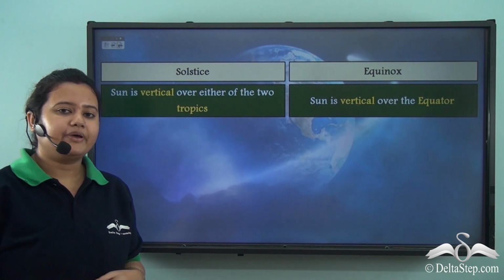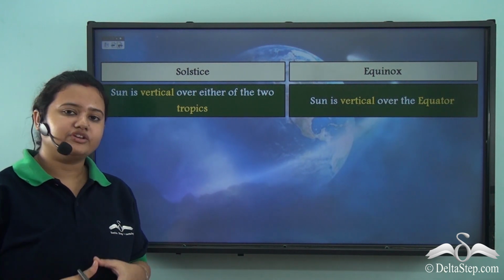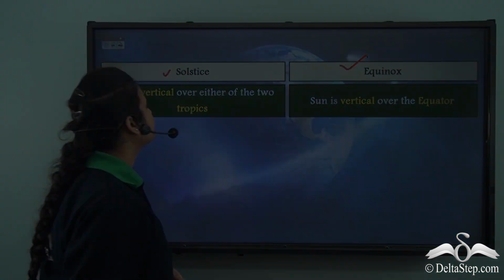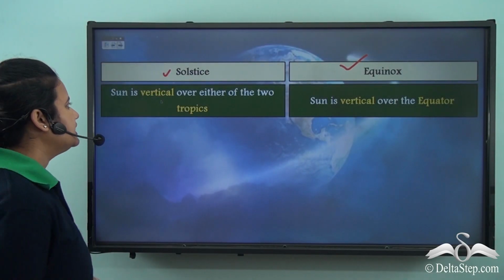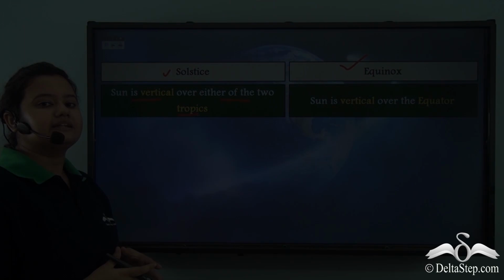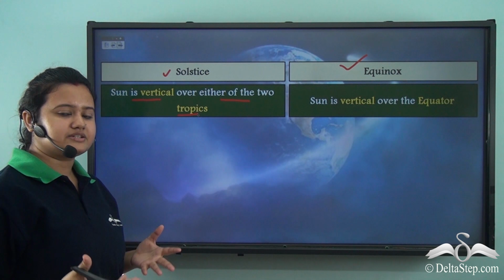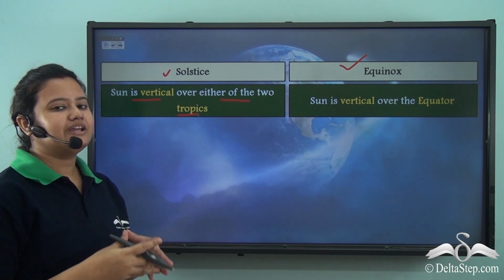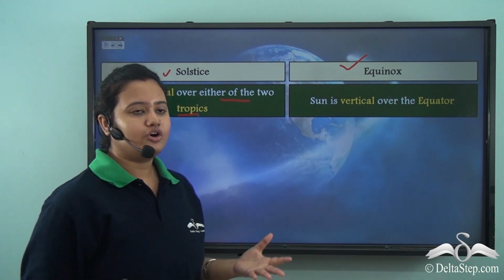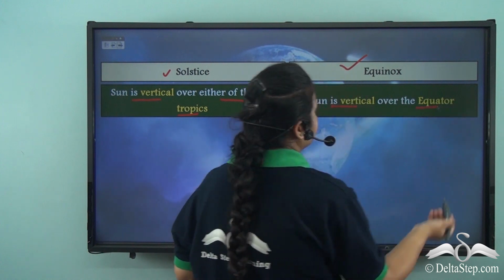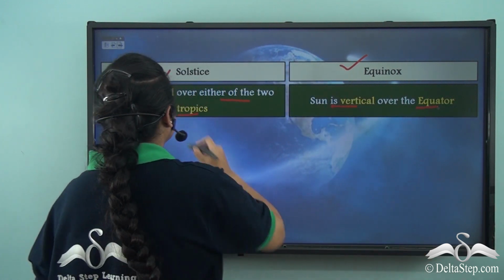We shall now compare the two moments of the year, that is solstice and equinox. On solstice, as we know, the sun is vertical over either of the two tropics, that is either over Tropic of Cancer during summer solstice or over Tropic of Capricorn during winter solstice. On the contrary, the sun is vertical over the equator during equinox.